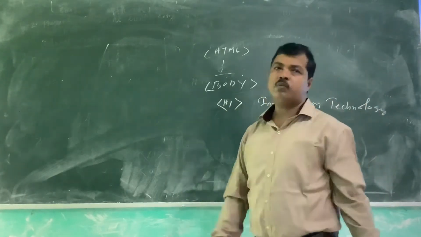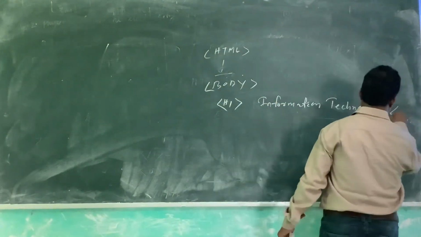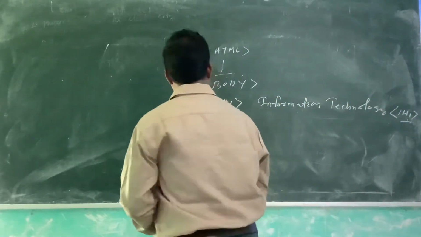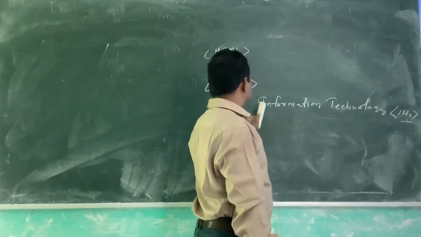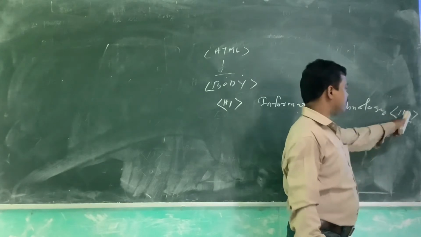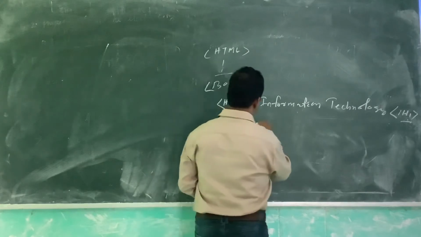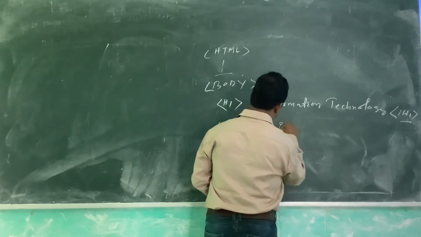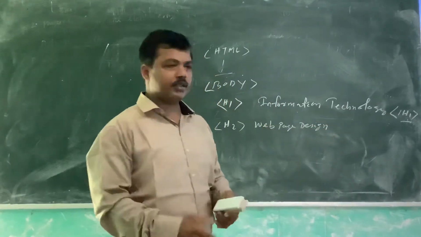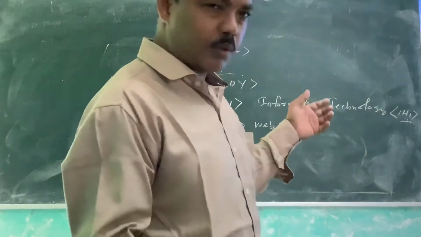My heading 1 text is information technology, plus H1 you have to put here. That means the heading 1 starts from this and ends here. Then heading 2, suppose web page design. Remember, we do not have to add any bold, any italic character or formatting effects.